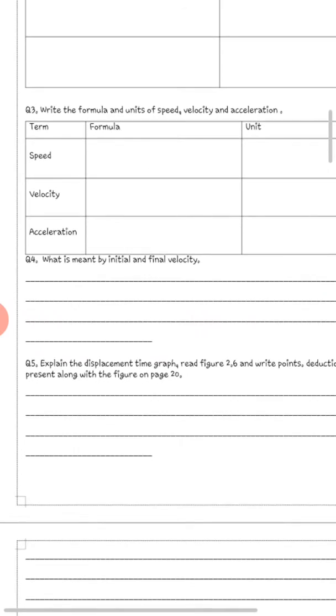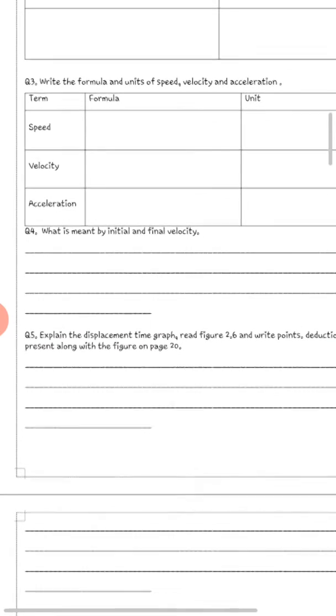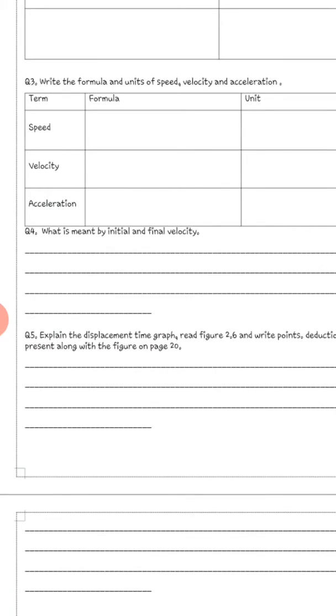In question number 4, I have asked what you mean by initial and final velocity. I hope it would be a bit easier for you to understand when we use the word initial and when we use the word final, if we are adding it along with velocity, acceleration, speed or distance.